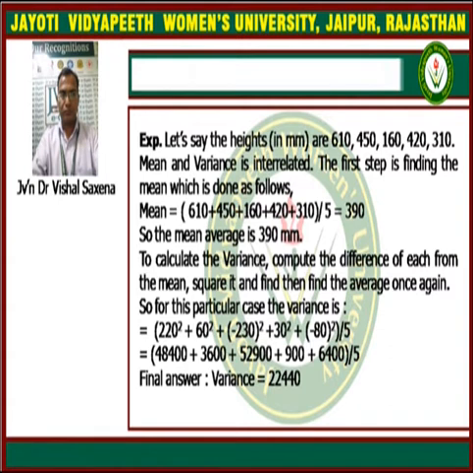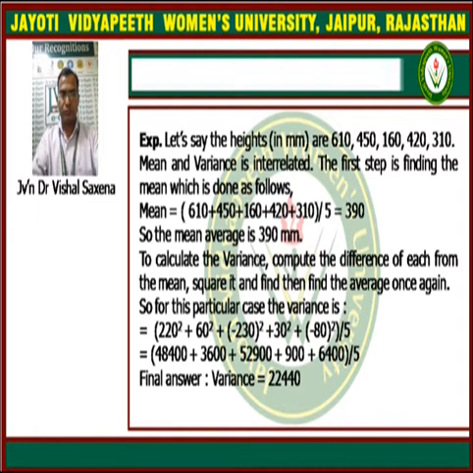The formula to find the variance for such a data series is summation of xi minus x bar whole square upon n. Here n means the total number of data, which is 5.